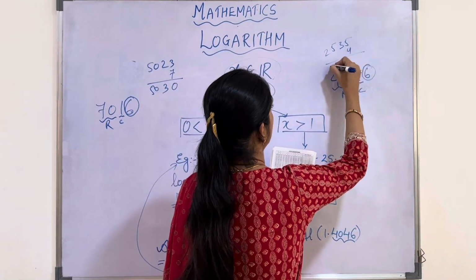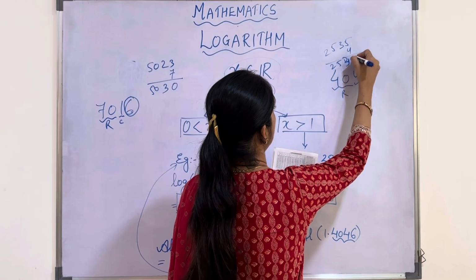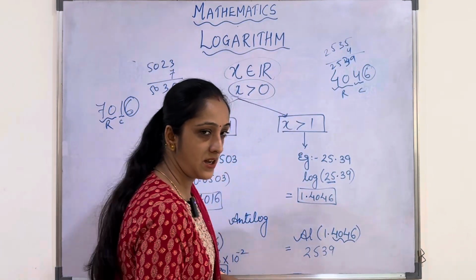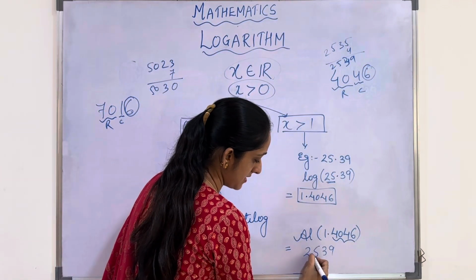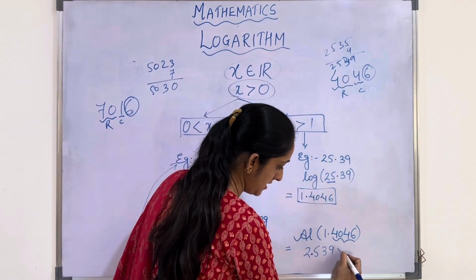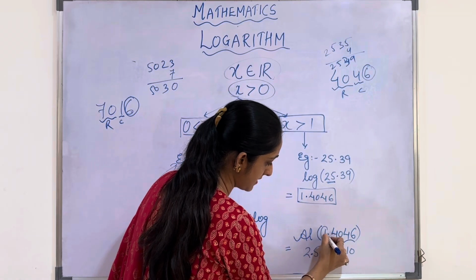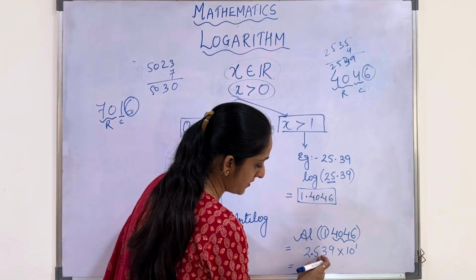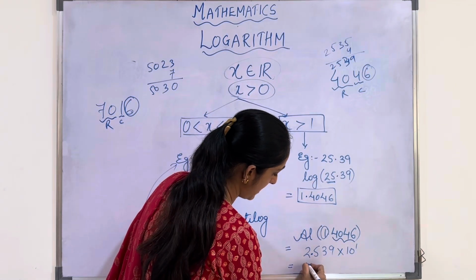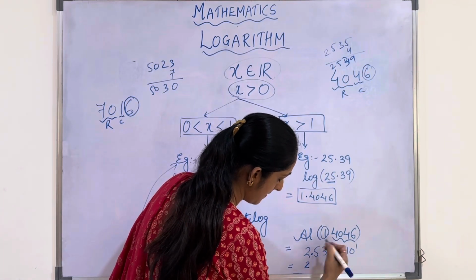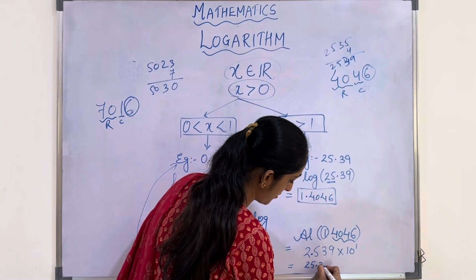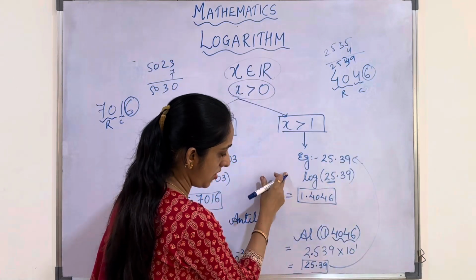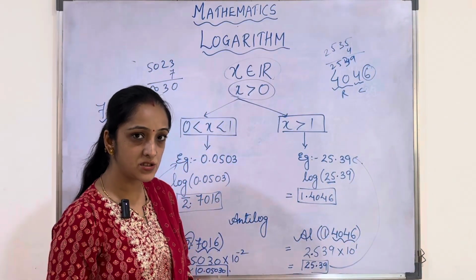So it is 2539. So from the anti-log table it is 2539, and always we put the decimal after one digit. So 2.539 into 10 raised to whichever number is there before the decimal, that is 10 raised to 1. Now we are multiplying 2.539 by 10, so the decimal will be shifted to the right by one place. So 25.39. So see how again we got the same number. So log and anti-log are reverse processes of each other.